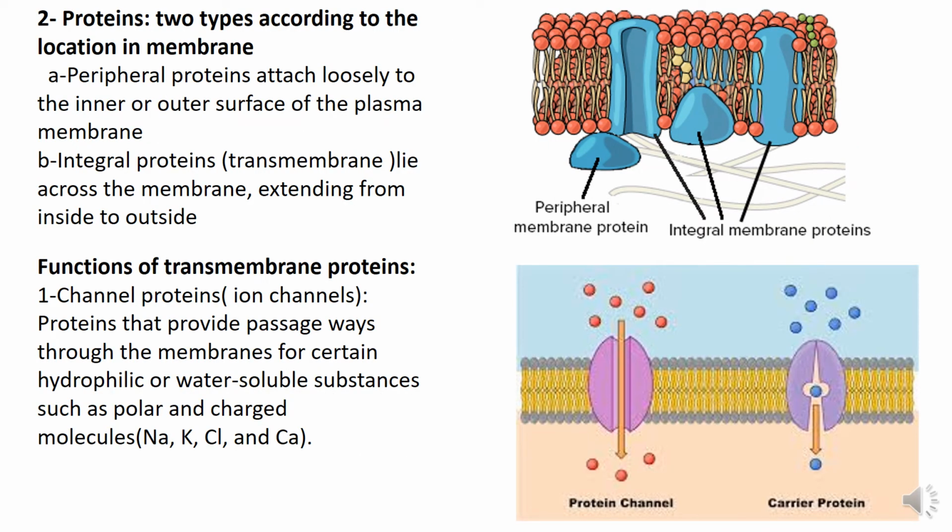Protein. The protein is of two types according to the location in the membrane. Peripheral protein is attached loosely to the inner or outer surface of the plasma membrane.